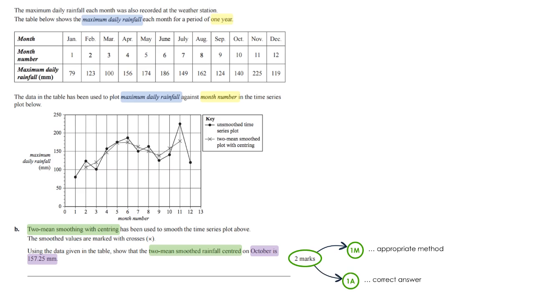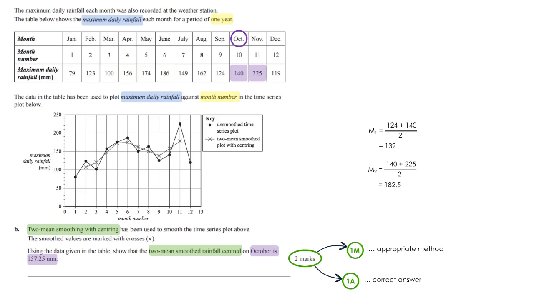Because we are looking at October, we calculate the mean for the months of September and October. That is 124 plus 140, all divided by 2 equals 132. Then we need to calculate the mean for October and November, which is equal to 140 plus 225, all divided by 2, and that gives us 182.5.